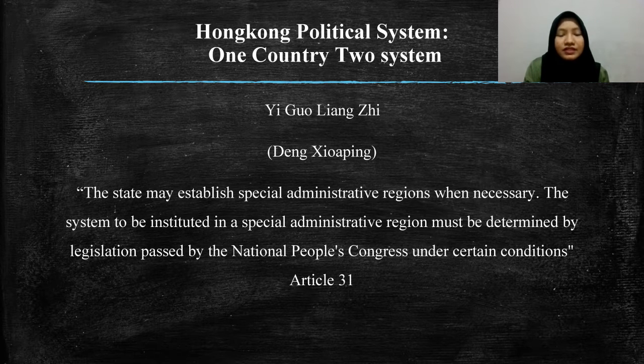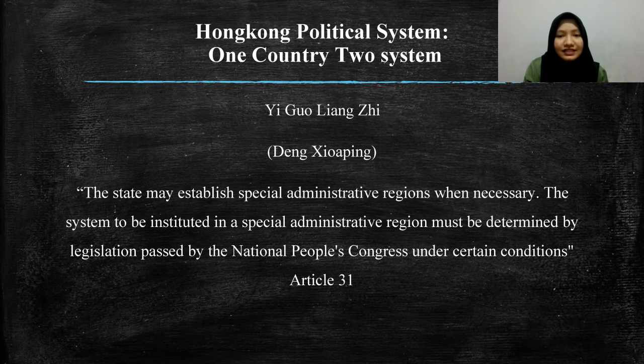Hong Kong then became the special administrative region of the PRC, which is the implication of the one country, two systems policy. Hong Kong as a special administrative region will be under PRC sovereignty, but it can have and conduct its own political governmental system as well as its own economic system.